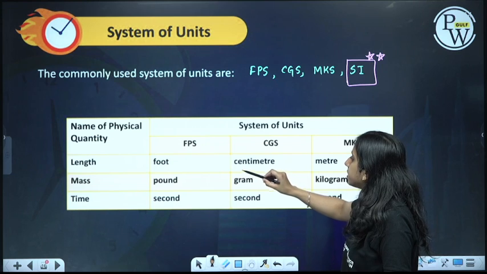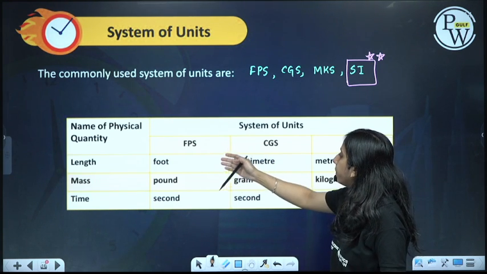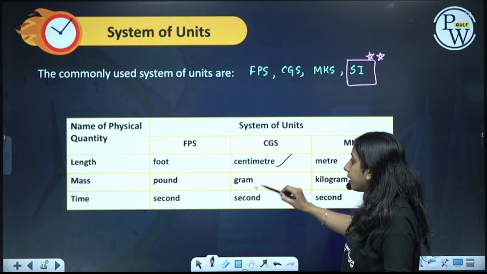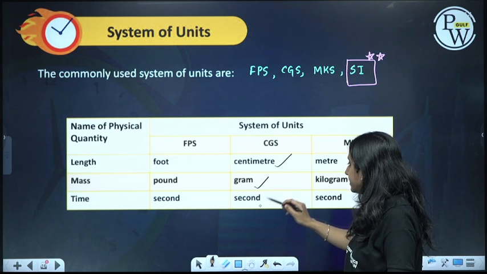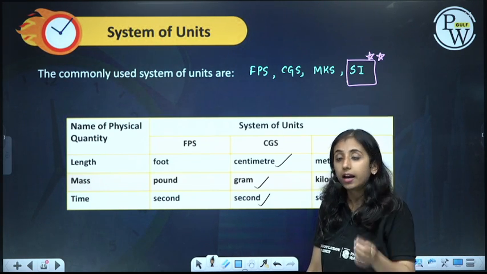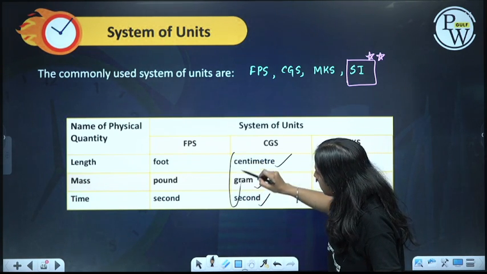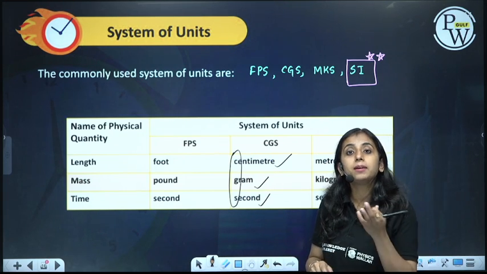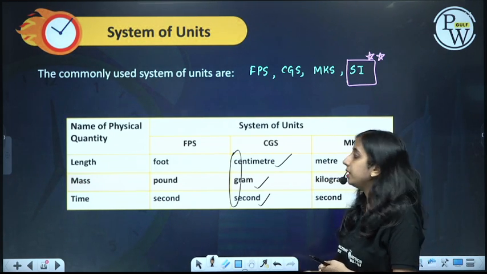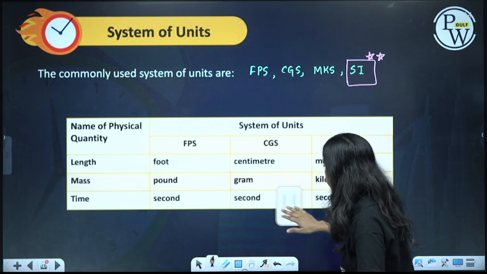In CGS, we use centimeter to measure length, gram to measure mass, and second to measure time. That's why the name CGS: centimeter, gram, second.